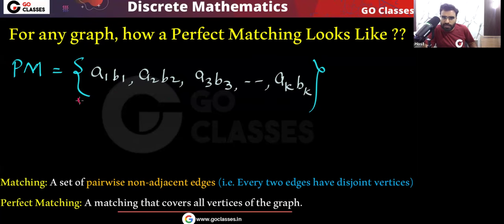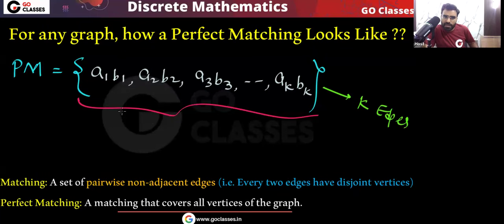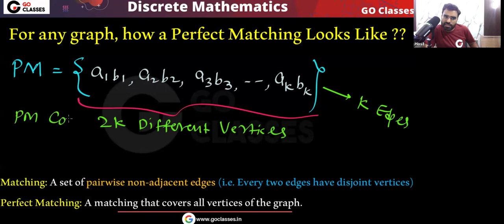So remember, this perfect matching is also a matching. There are a total of K edges here, and these are 2K different vertices. This perfect matching covers 2K different vertices, and all the vertices of the graph are covered here.